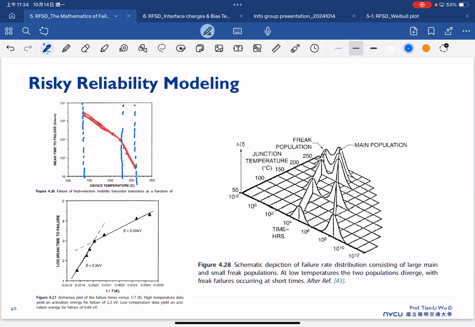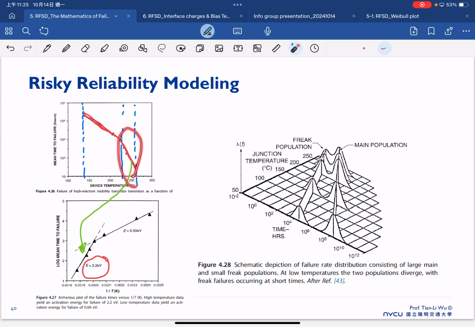We can also calculate the activation energy based on this plot. With this Arrhenius plot, we get an activation energy of 2.2 electron volt in this region.